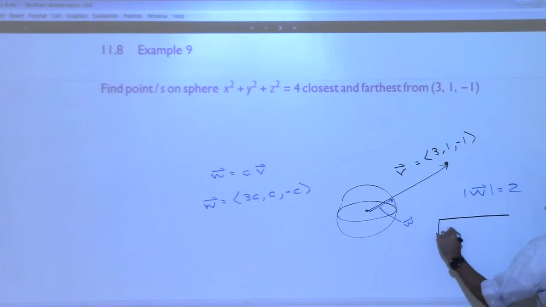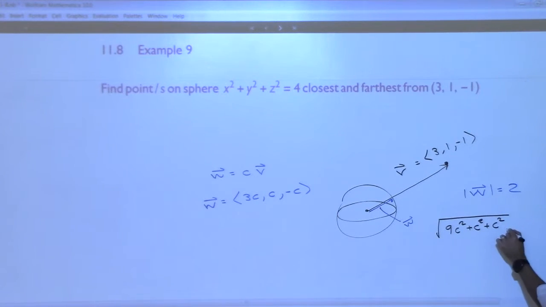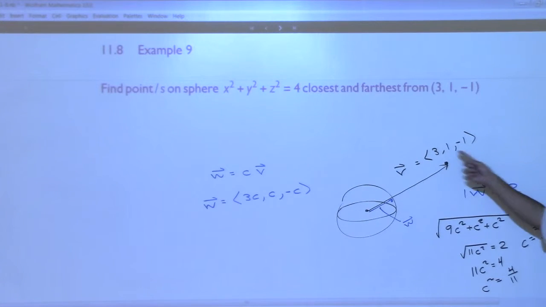Square root of 9C squared plus C squared plus C squared. 11C squared must equal 2. So square both sides. 11C squared equals 4. So C squared equals 4/11, which means C is equal to plus or minus 2 over root 11. You could rationalize, but who cares? Now just take that in there. Boom, boom, boom. Yeah, that would probably do it.